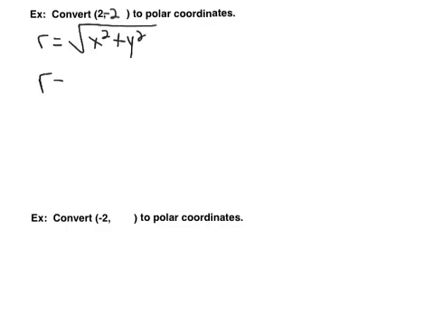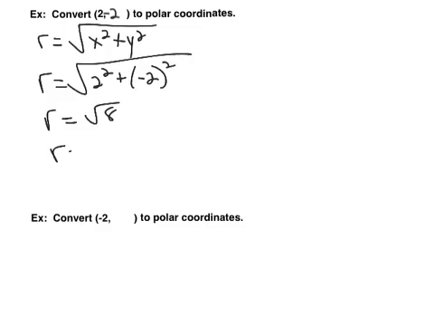So the radius here is going to be the square root of 2 squared plus, remember, one of the biggest mistakes I see is you square a negative number and you tell me that it's negative. Please don't do that. That's not good. So r is going to be radical 8. Simplifying, my radius is 2 radical 2.